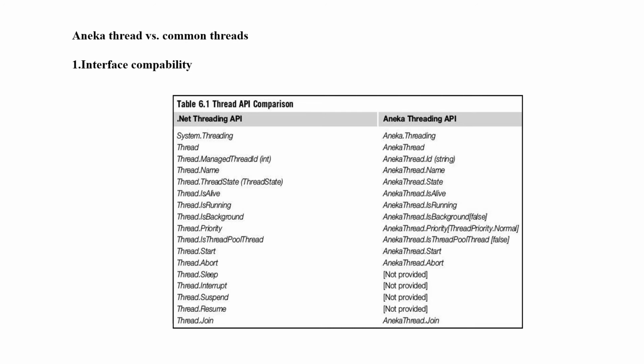So here in this table you can see the difference between these two classes. The reference namespace that defines all the types of functions to support threading is Aneka.Threading rather than System.Threading.